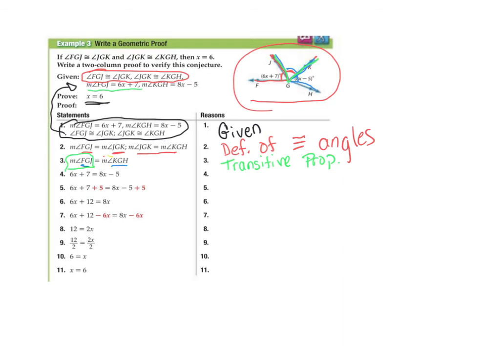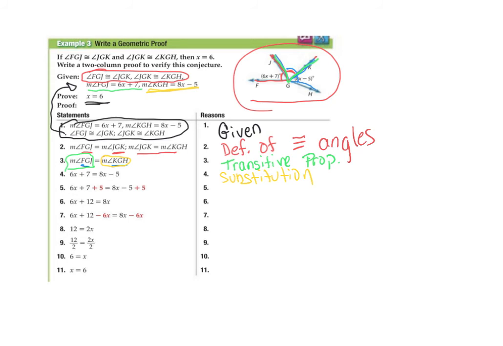And then we also have the measurement of KGH, and again, we are told that that is actually the same thing as 8x minus 5. So now, instead of having the letters, I'm going to replace my information so that I have an algebraic equation. And when I replace something with something it equals, that is called substitution.